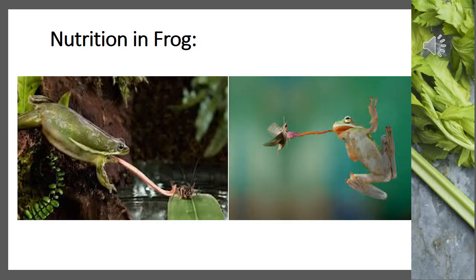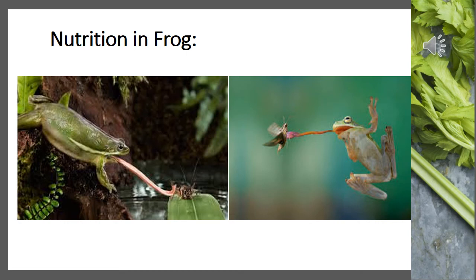Let's talk about nutrition in frog. We know that the frog has a long sticky tongue. With the help of this long sticky tongue, it catches insects. Now, this tongue is attached to the lower jaw and it remains folded in its mouth.